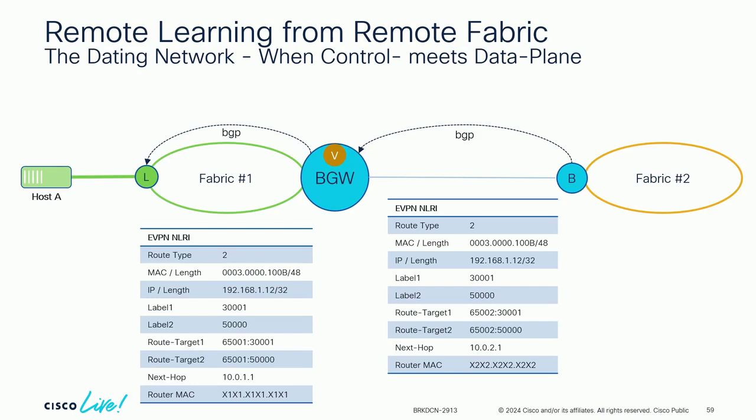When you reoriginate, whatever the export route target you've configured on the border gateway will be the export route target you send out. Can it be 65002? Absolutely. I just put the same import and export. Can it be different? Absolutely. Does it matter if it's different? No. As long as I know what it means, I'm fine.